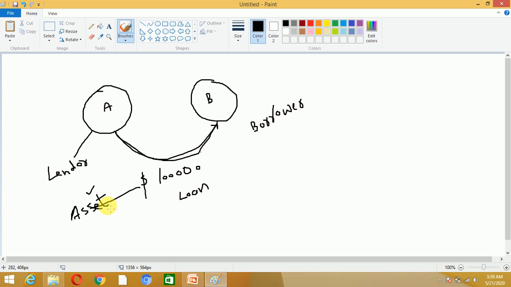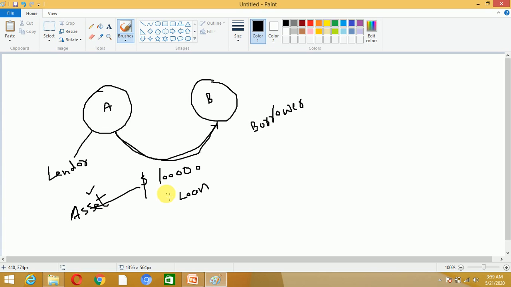This asset can be any other thing. It can be a land, it can be a building. For a building he is receiving rent. For land he is receiving some ijara, that you people call.